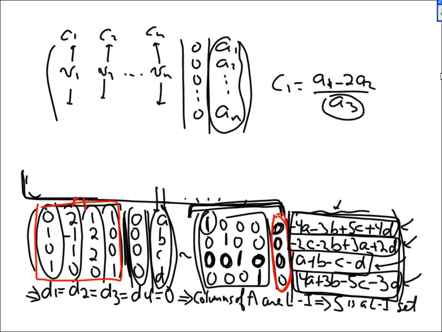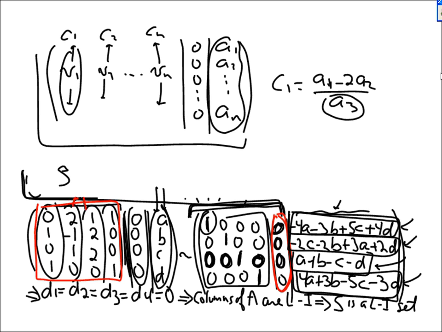Okay. So this here is the recipe. They give you a set S, equal to these vectors. You write the first vector as a column vector, the second one, the third one, the fourth one, the last one.